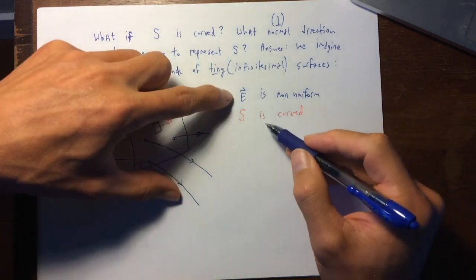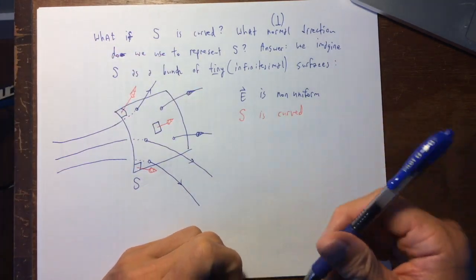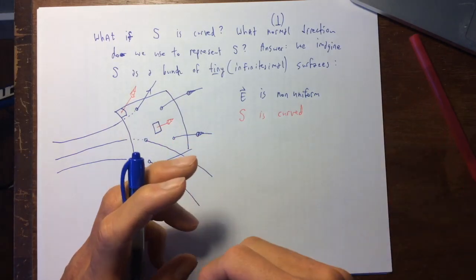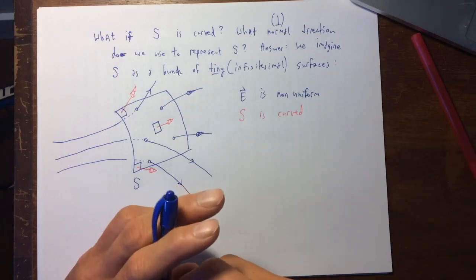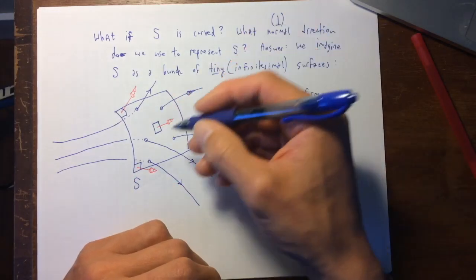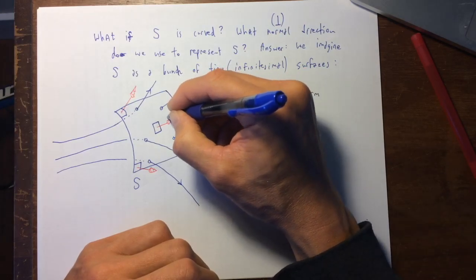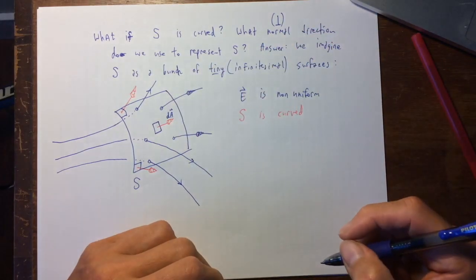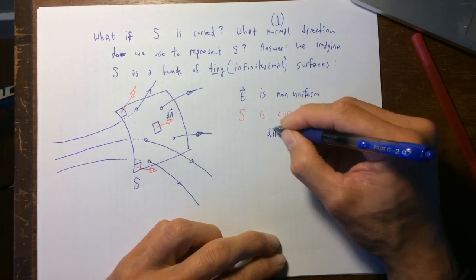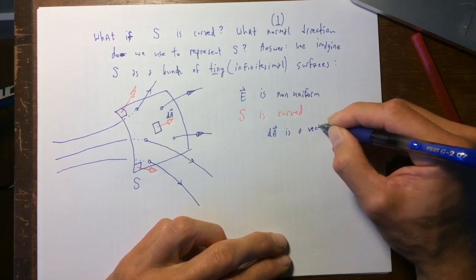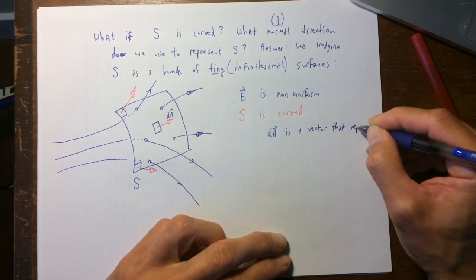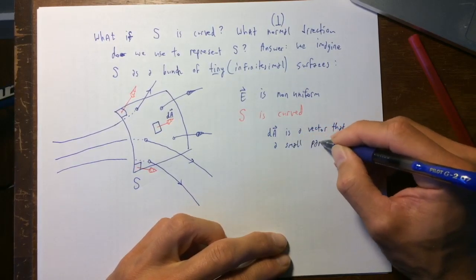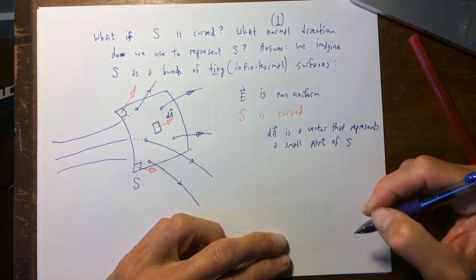And so what we'll do in this case is, for example, this little piece right here of the surface S is going to be considered a small vector, dA. So dA is a vector that represents a small part of S.